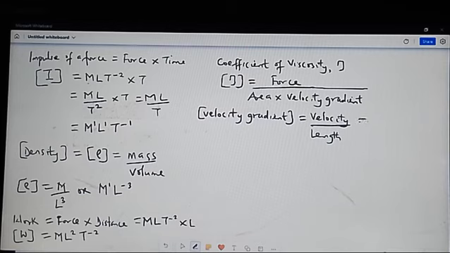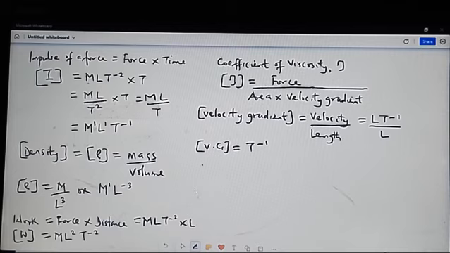So its dimension will be that of velocity, L T to power minus 1, divided by length, which is T raised to power minus 1. So we say velocity gradient has dimension of T raised to power minus 1. We already know that of force and area.